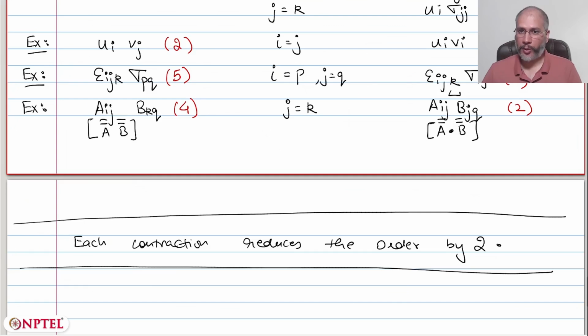And if I apply two contractions this time, along with setting j equals k, I also set i equals q.